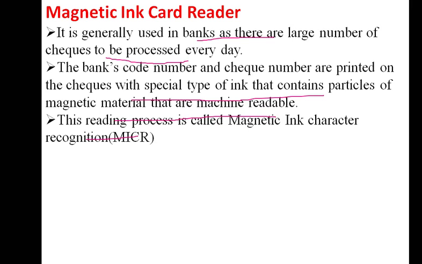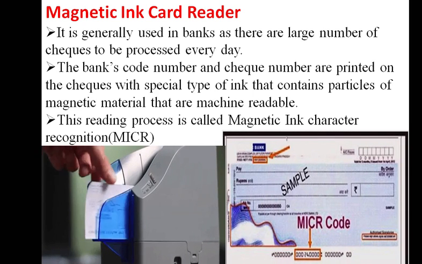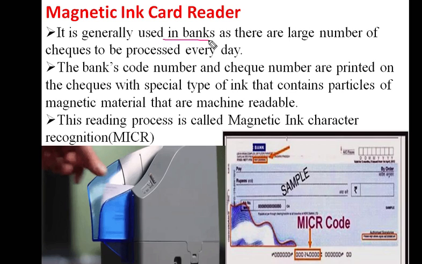Magnetic ink card reader. It is generally used in banks as there are a large number of checks to be processed every day. To drop a check, that check is going to be read by the magnetic ink card reader.